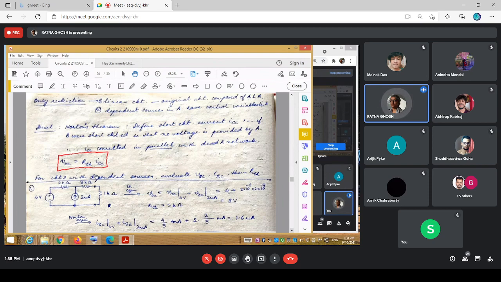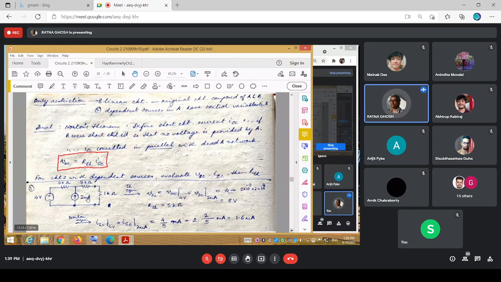In case you have circuits with dependent sources, we can evaluate these two independently and then find RTH, which would be nothing but this by this. We will have an example coming up for this later. Let's just first go through this one.